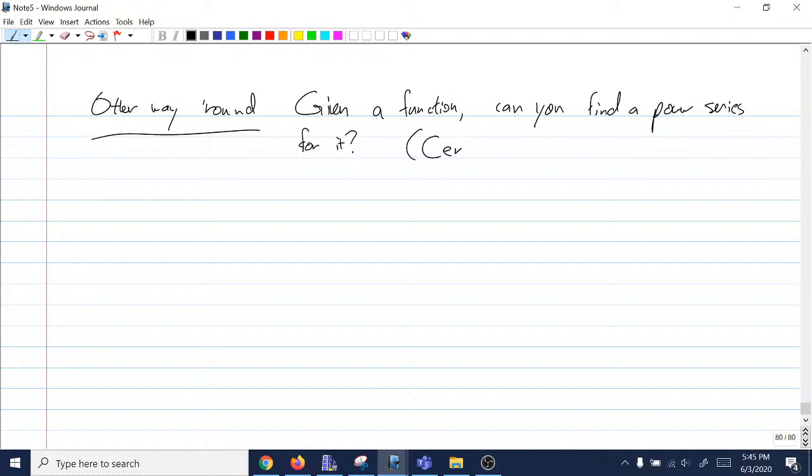Centered at some x value. I'm usually going to say centered at 0 in this context, although maybe there's a couple in the homework where we didn't.